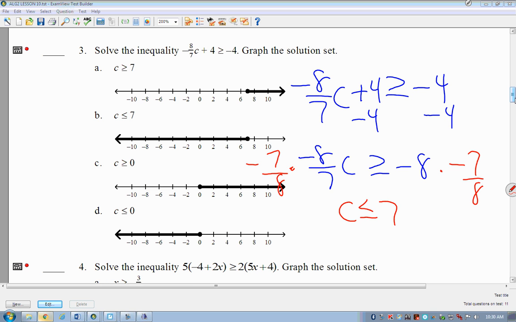Positive 56 divided by 8 is 7. So C is less than or equal to 7. I see that right here, don't I? Is that correct? Okay, let me check my little answer key here. That is correct.